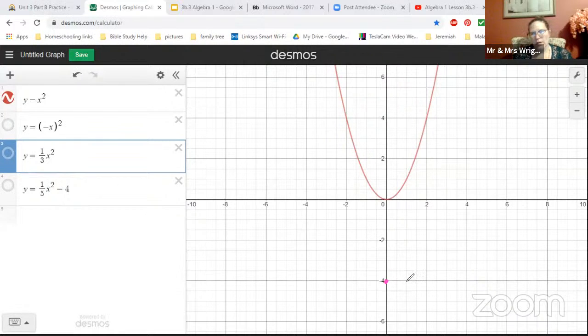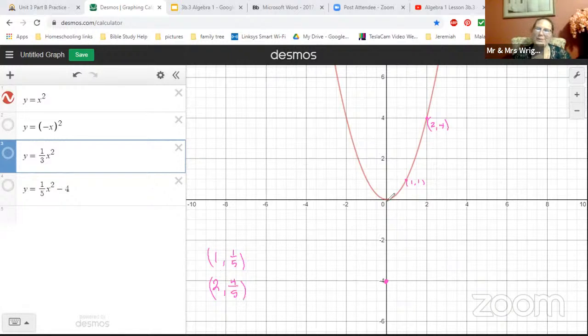So if this 1 is 1, this is 1, 1, remember, and this is 2, 4, then my first point is going to be 1, and then 1/5. And then my second point is 2 and 4/5.